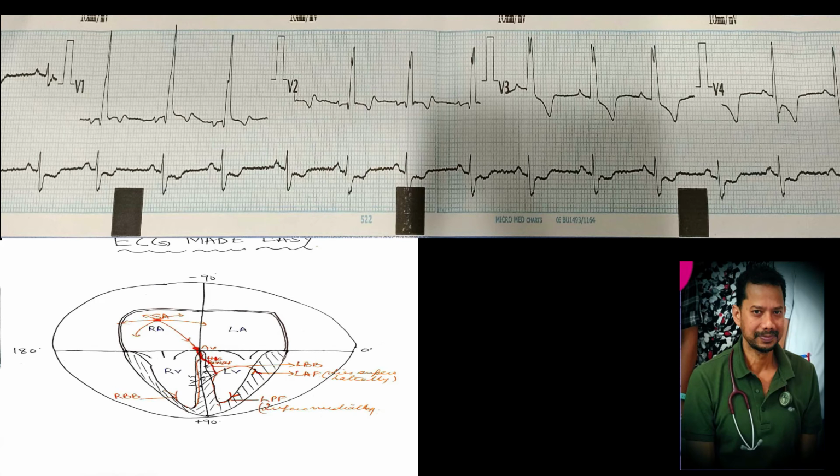In fact, if there is no Q wave in lateral leads, that is V5, V6, lead 1, AVL, it could be a sign of interventricular septum infarction, anteroseptal MI. So that is very important. Whenever there is a small R wave in V1, there has to be a small Q wave in left lateral leads, which is totally normal.